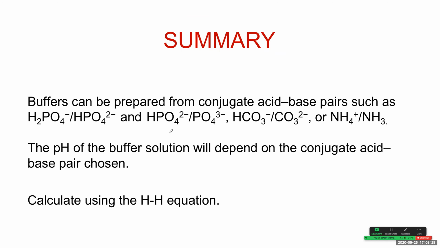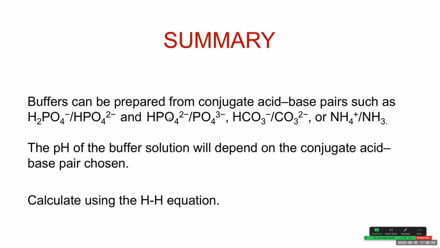So here are some other conjugate acid base pairs. You can use a phosphate anion. Different phosphate anions produce different buffers at different pHs. There's bicarbonate and carbonate.